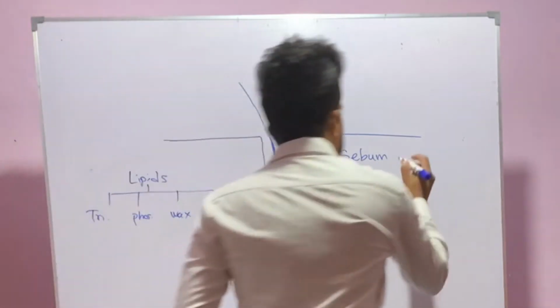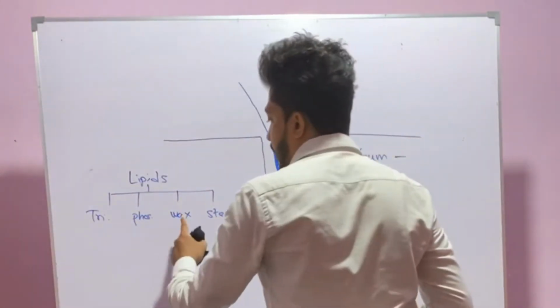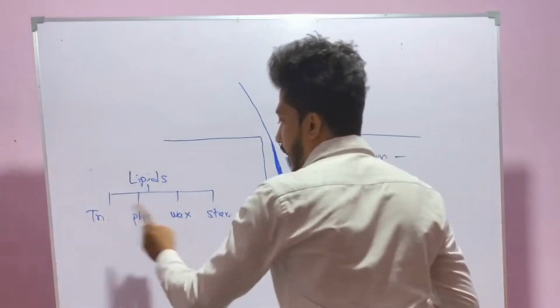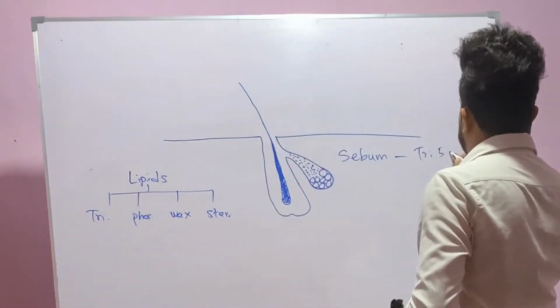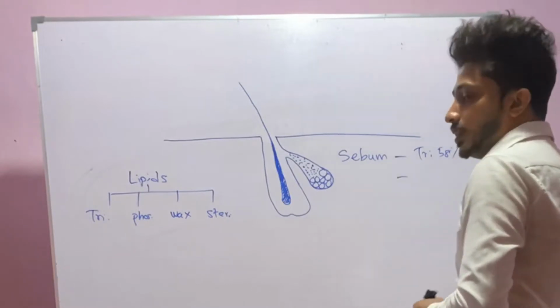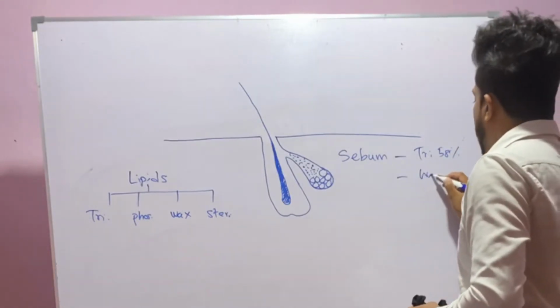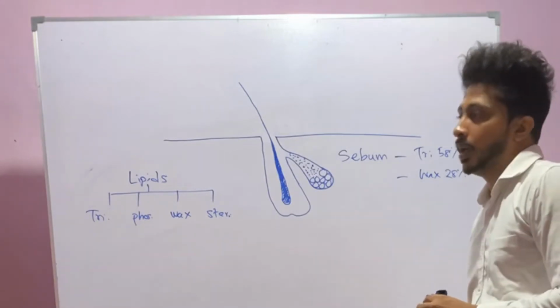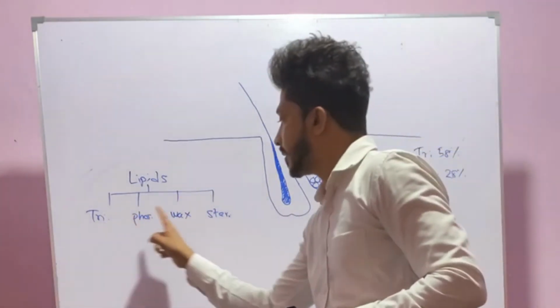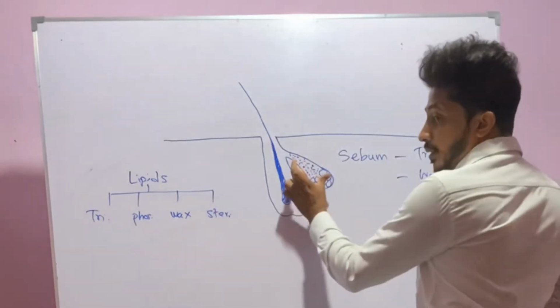So sebum is a mixture of triglyceride, mainly triglyceride, and wax. About 58% is triglyceride and wax is roughly 28%.